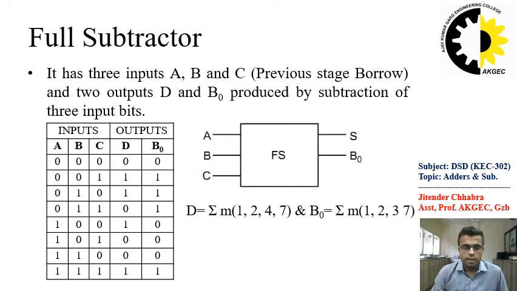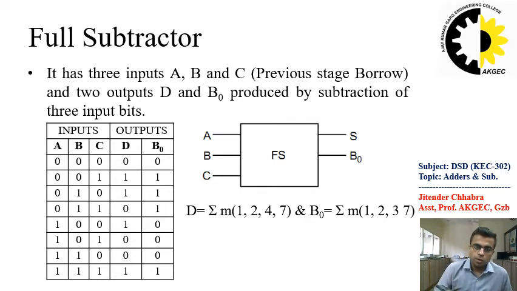Again, like the case of full adder, it is having three inputs A, B and C. And here C is the previous stage borrow. Like in case of carry, there was a previous stage carry. Here C will be treated as previous stage borrow, and whenever we are subtracting, outputs will be two, difference and borrow, produced by the subtraction of these three bits.